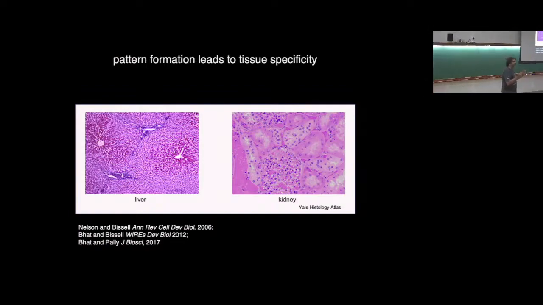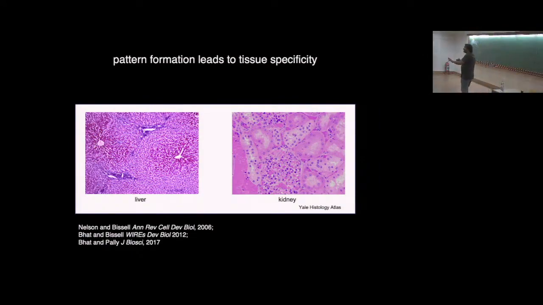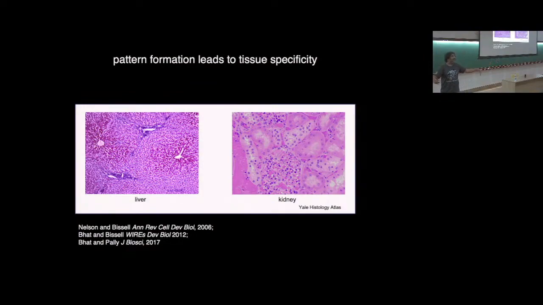Based on this stereotypical architecture, the pathologist can go beyond just saying this looks like a nose or liver, and move on to say this looks like a normal nose, a normal liver, or an abnormal liver, and so on.